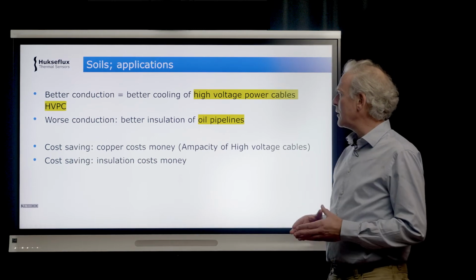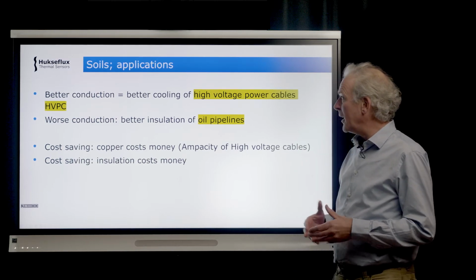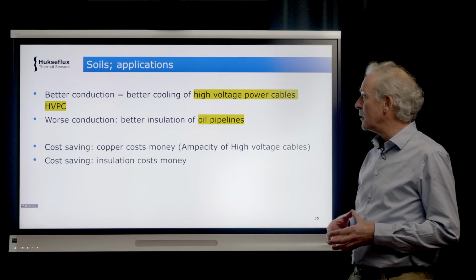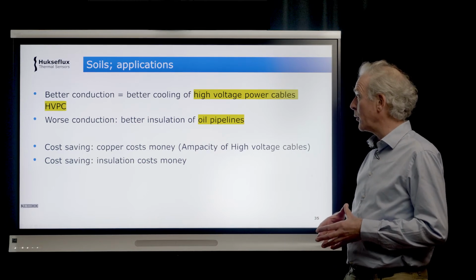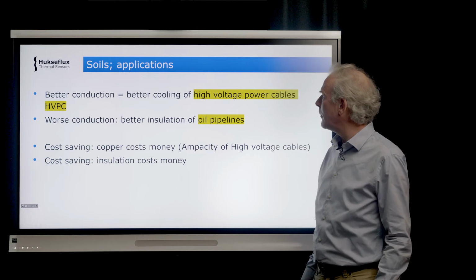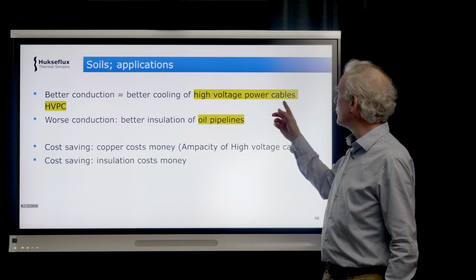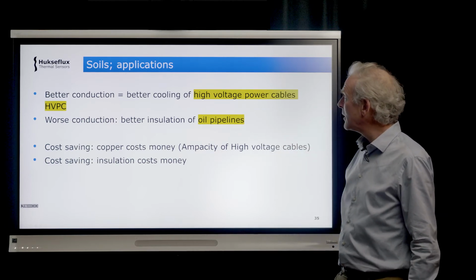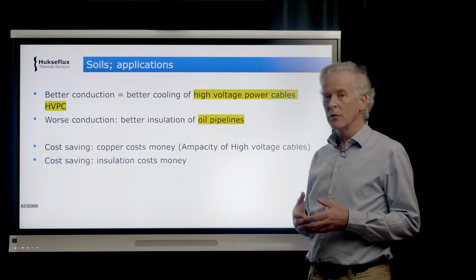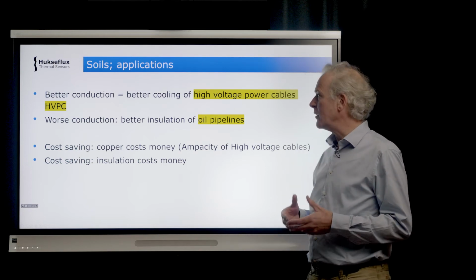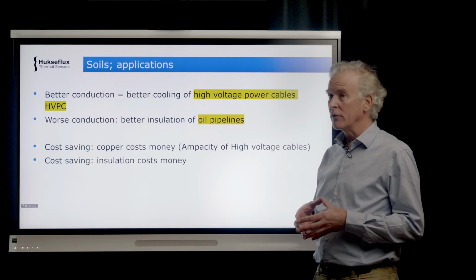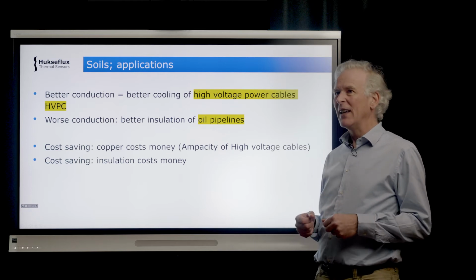In soils there are 2 major applications where you apply soil thermal conductivity measurements. First of all, for high voltage power cables. Those cables are buried underground, and the general idea is that they have to be kept cool.